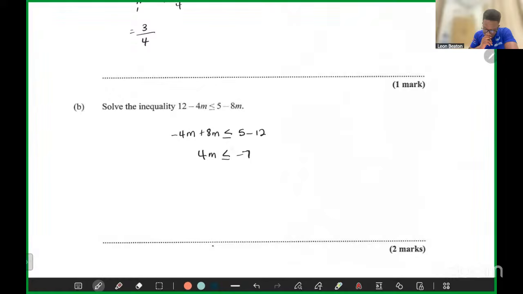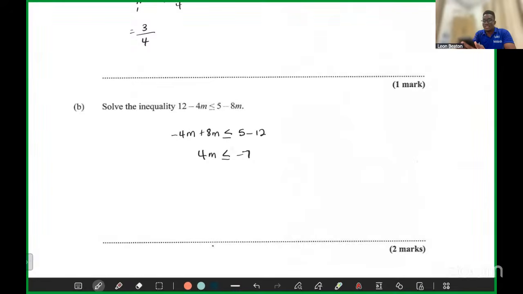So we have 4m is less than or equal to negative 7.